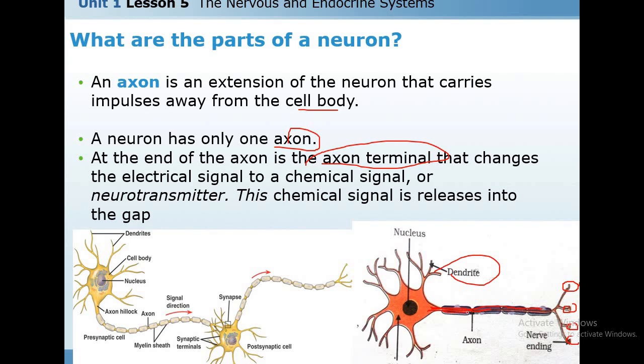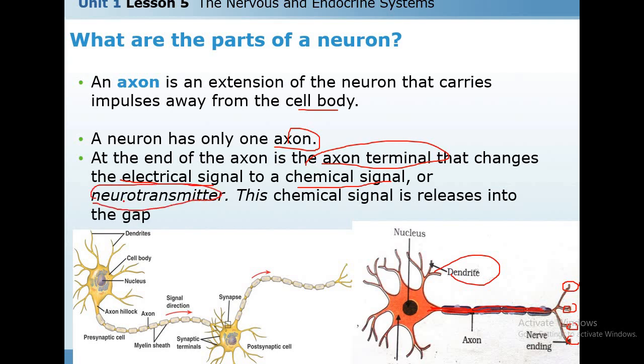This impulse, or electric message, moves through the axon until it reaches the axon terminal. In the axon terminal, this electric signal changes into a chemical signal, or neurotransmitter.